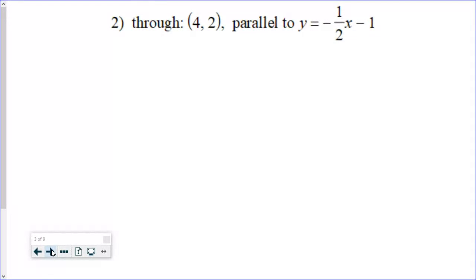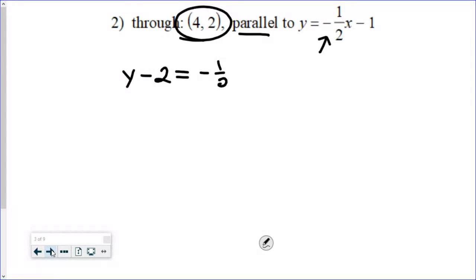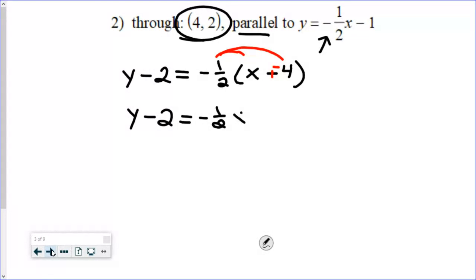Now, same thing here. So we're going to write it in point slope form through the point. Since it's parallel, it's the same slope. So y minus my y equals my slope, that's the same, x minus my x. Okay, then I'm going to distribute. y minus 2 equals -1/2 x plus a negative times a negative is a positive 2.